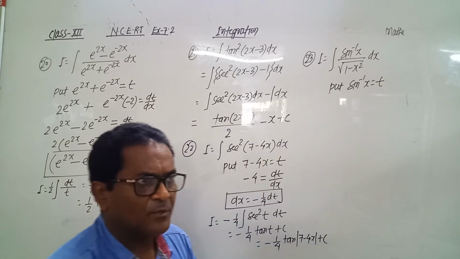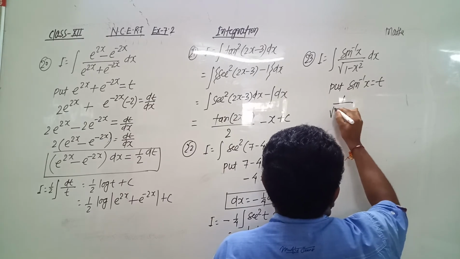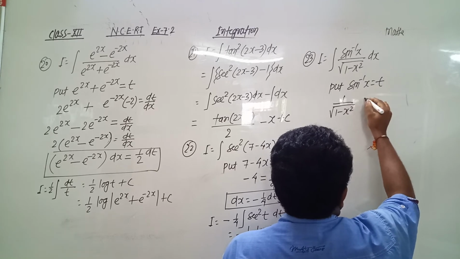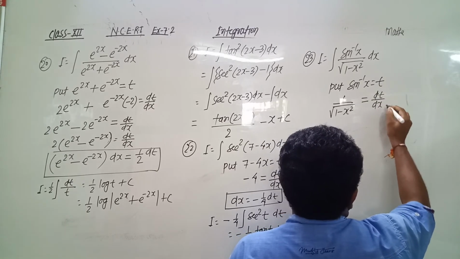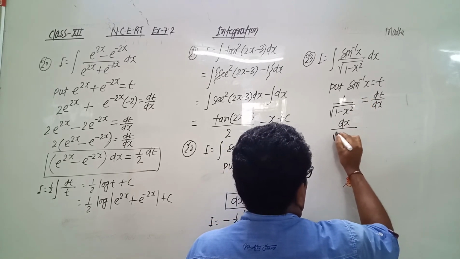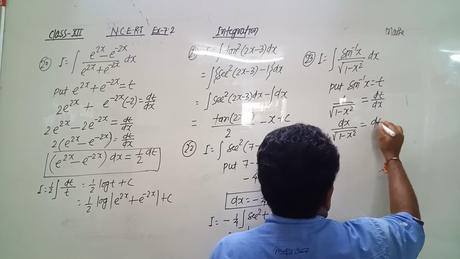Then differentiate both sides with respect to x. Differentiation of sin inverse x is 1 upon under root of 1 minus x square, and differentiation of t is dt by dx. So dx upon root 1 minus x square equals dt.